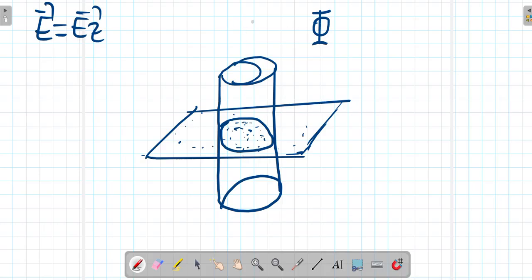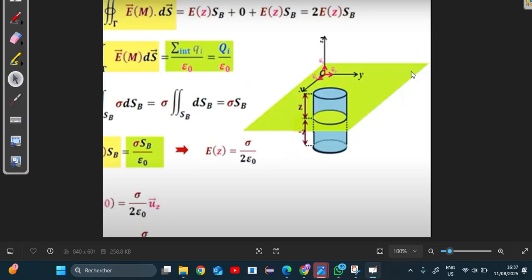So we use flux, which we learned last time, but I remind you. According to theorem de Gauss, the flux for a charge inside a volume, maybe inside this cylinder, may not be clear in my diagram.